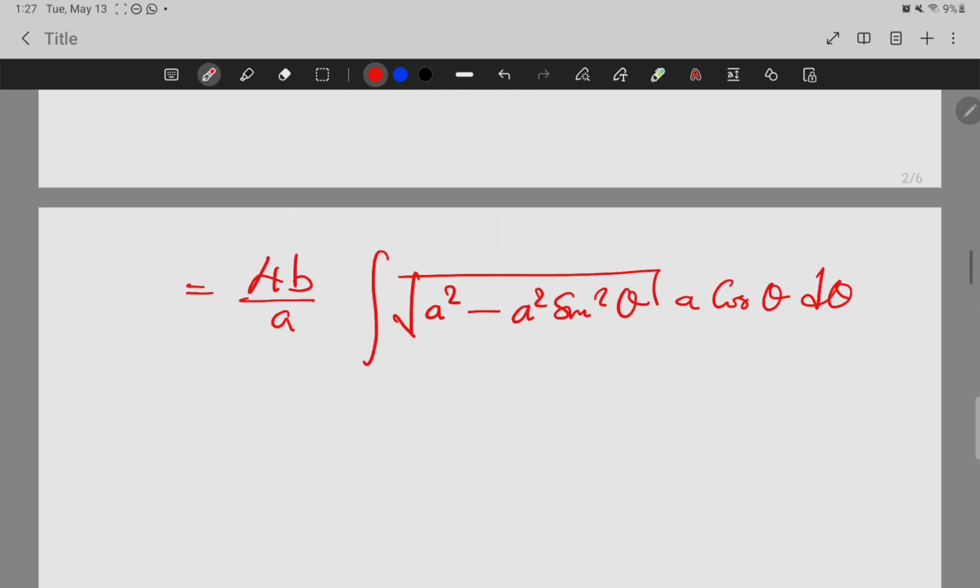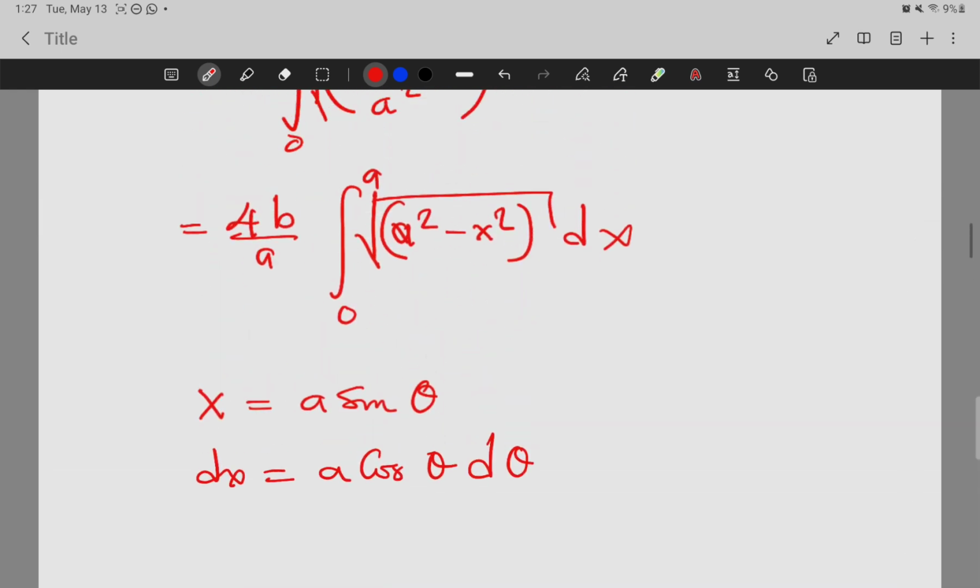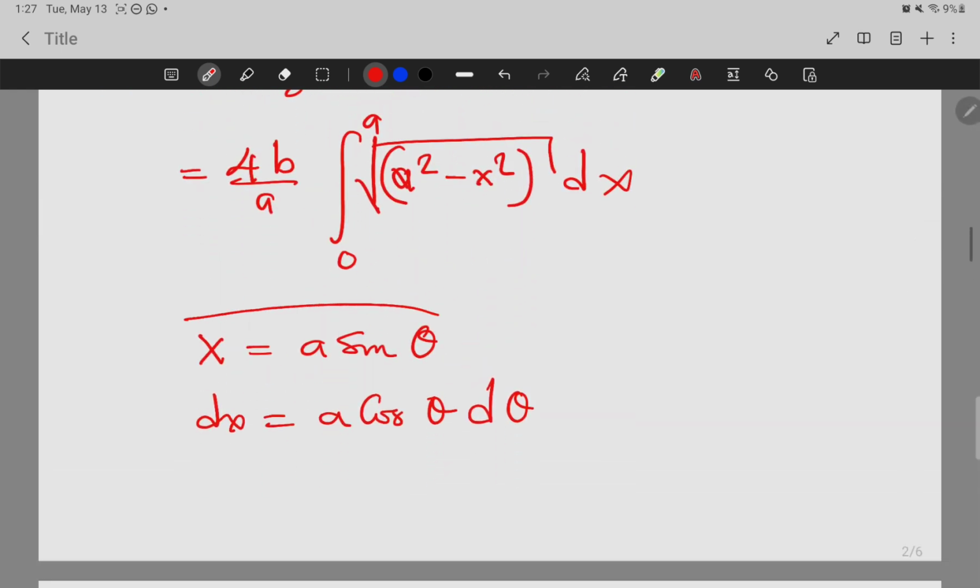Here I've left out the limits of integration because I've changed my variable to x. So if I'm going to have the limits, those limits should not be showing me values of x since I've changed from x to theta. So the limits should be showing me values of theta. And of course, to get what the new limits would be, you'd have to use that connection between x and theta and just make theta subject, and this will be sine inverse of x over a.